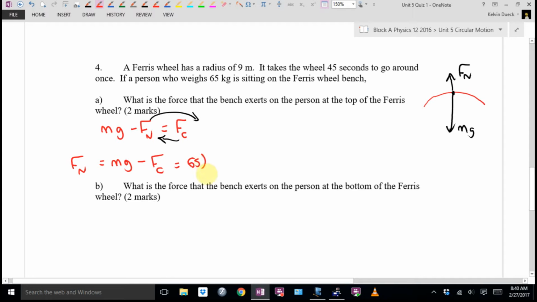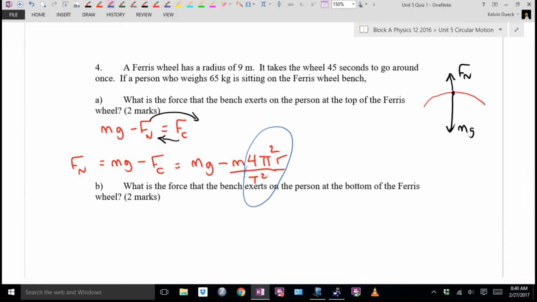M65. Oh, hang on, Mr. Duick, you haven't. It's going to be mg minus mac. You know what? I'm going to use the 4 pi squared r over t squared. And again, remember, that's acceleration. The most common mistake, kids put that one in for the force. They forget to put the m in front.